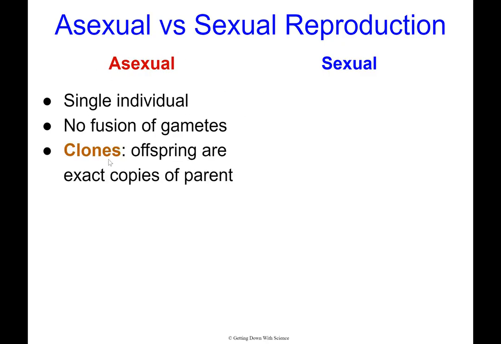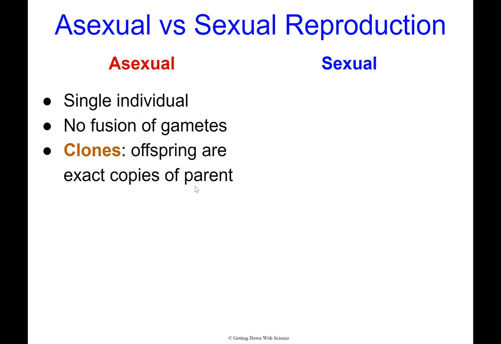In asexual reproduction, all of the organisms are basically clones. So this is a natural cloning process, because the offspring are, for the most part, an exact copy of parents.